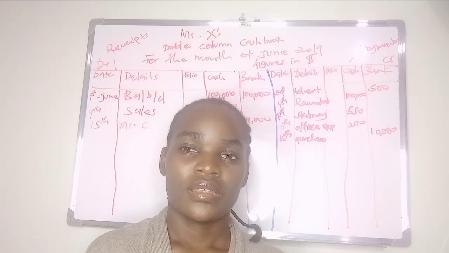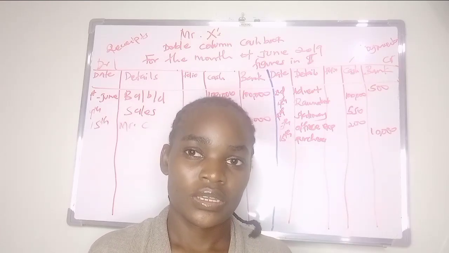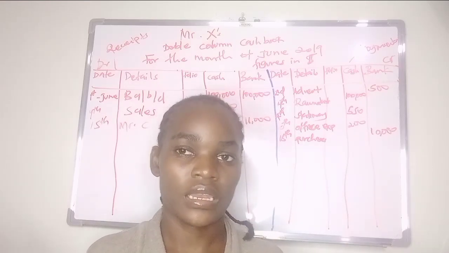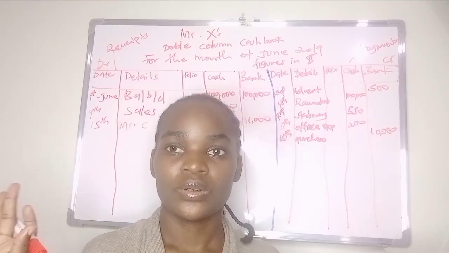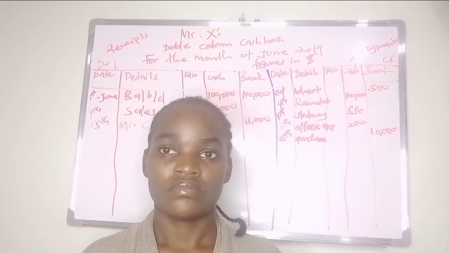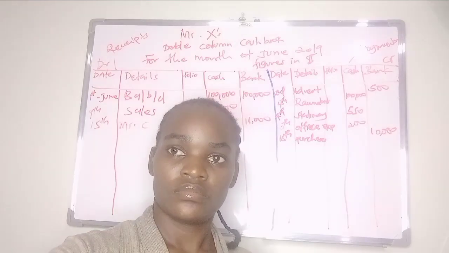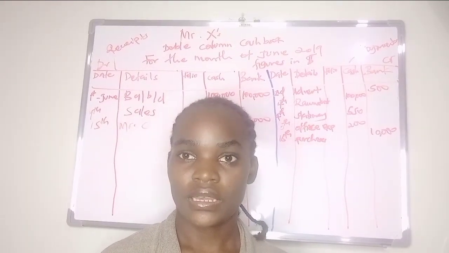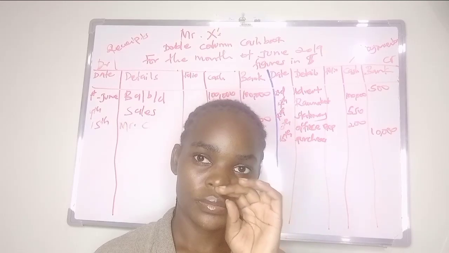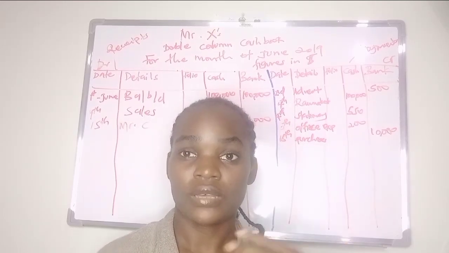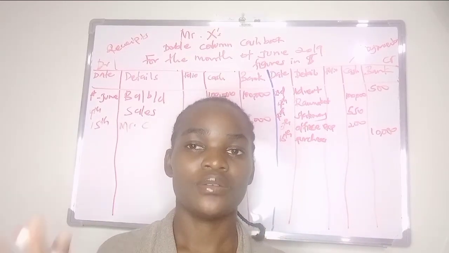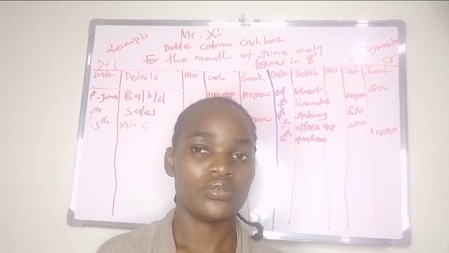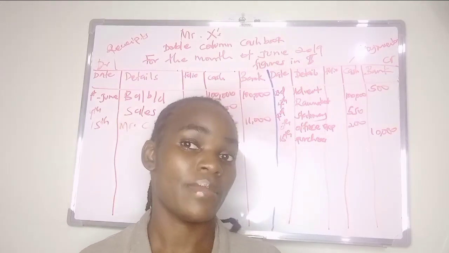So the bank is losing, but the business is gaining cash. So on the debit side, we are going to debit cash because the business is gaining cash. And then on the credit side, we are going to credit bank because bank is losing.